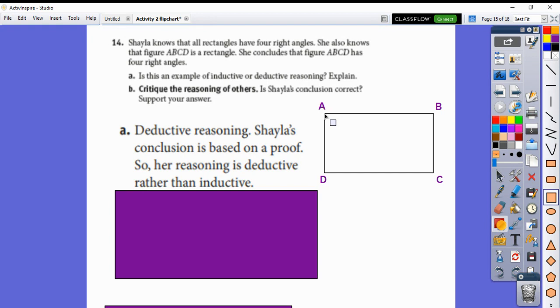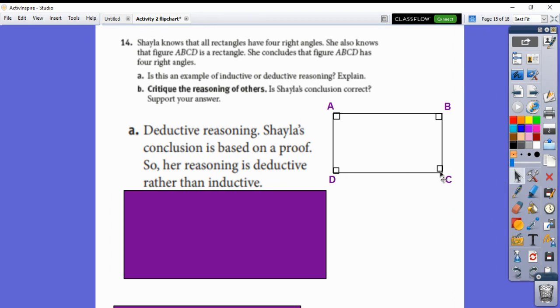She knows that this is a rectangle. If it's a rectangle and all rectangles have 4 right angles, well, then this figure must have 4 right angles. That's the right angle symbol. I'm going to go back and make sure that that one looks like it's really in the corner where it belongs.